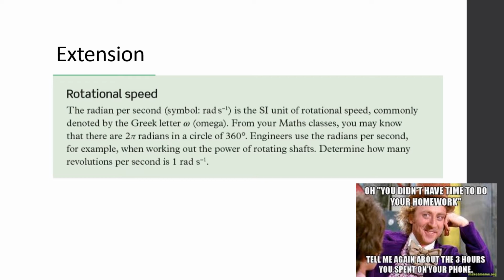Some of you in maths may know that there are 2 pi radians in a circle of 360 degrees, and engineers use radians per second when working out the power of rotating shafts. So you might want to determine how many revolutions per second 1 rad per second is. You might also want to think about not accidentally putting a calculator in rads when you're in physics, because we don't use rads at the moment in physics.